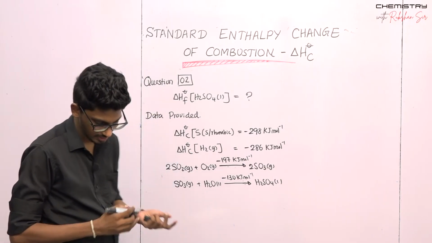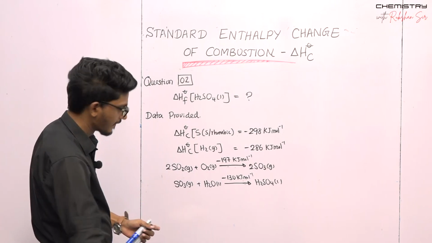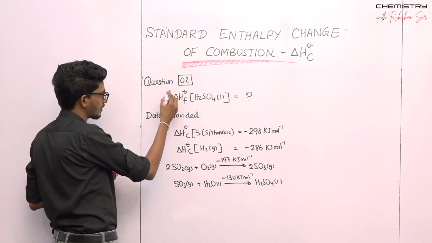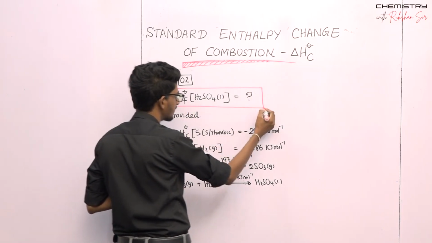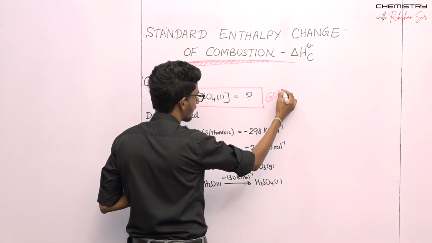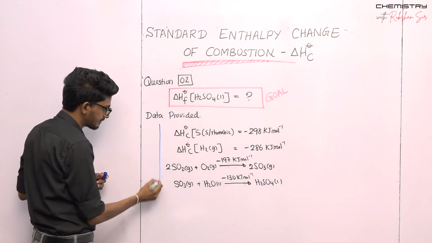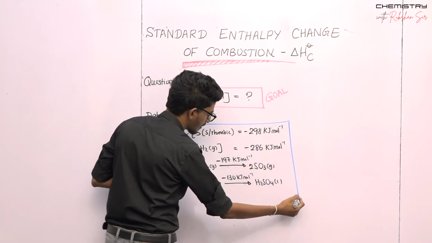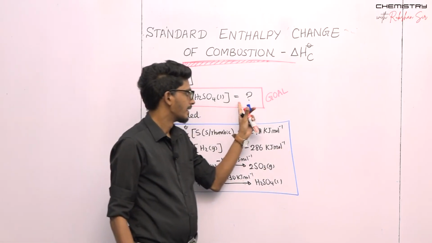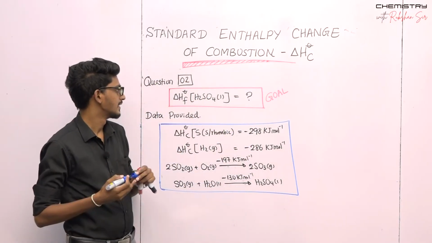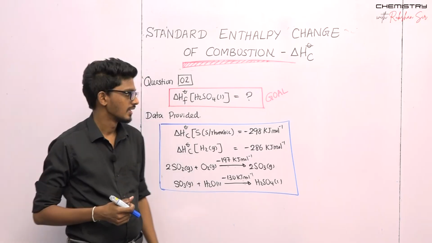So with use of these, you're supposed to find this thing, right? This is your goal. These are the data provided, right? With use of these data, you're supposed to find the enthalpy change of formation of H2SO4 liquid, right?